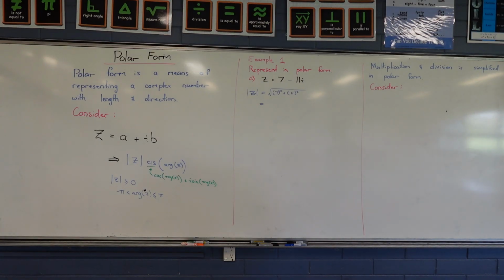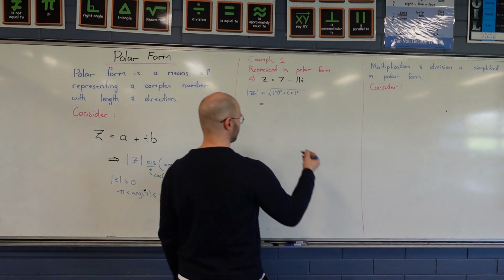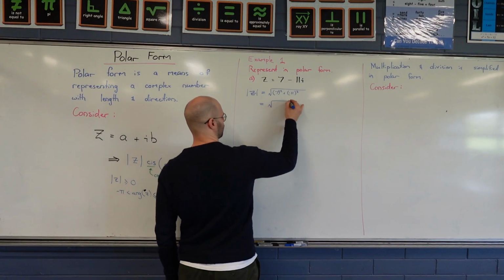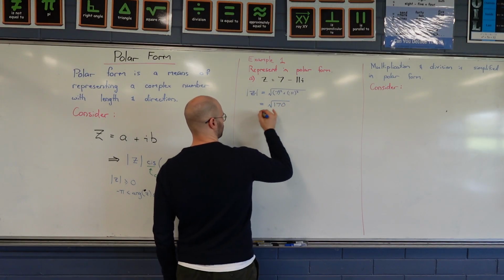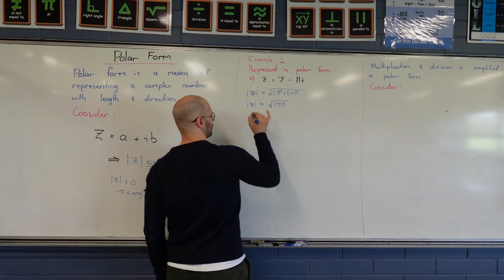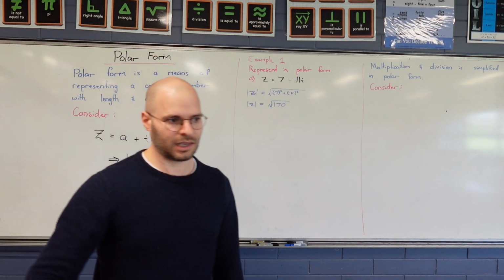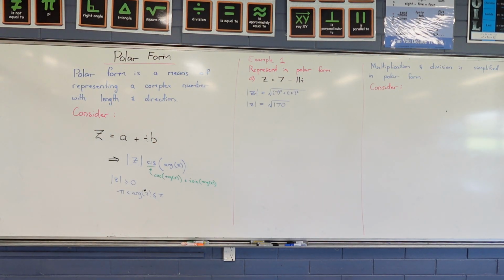Someone said that example was wrong. I spelled it wrong. It happens to the best of us. Okay, so the length of z is root 170 units.